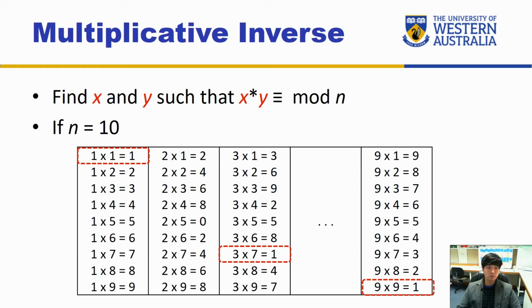But 3 and 7 are multiplicative inverses in mod 10. 9 and 9 are multiplicative inverses in mod 10. You also have to remember that not all values will have a multiplicative inverse, depending on the modulus number we're using. Here you can see that value 2 does not have any multiplicative inverse.